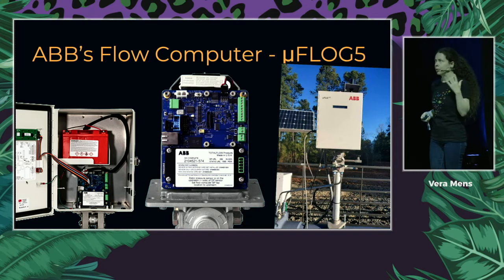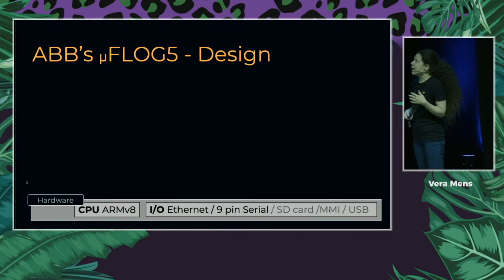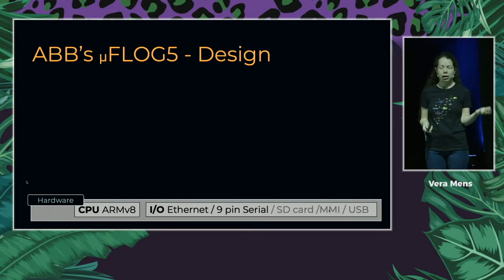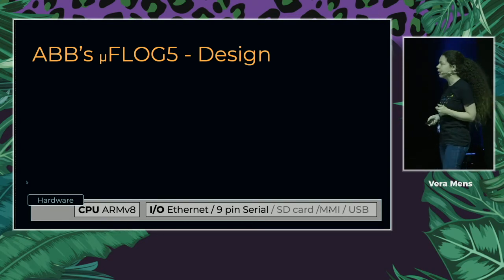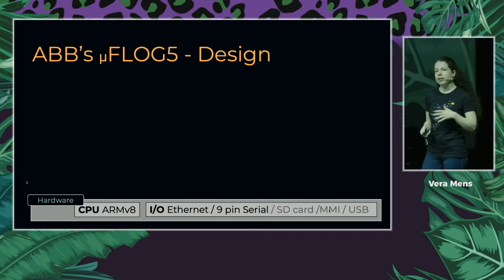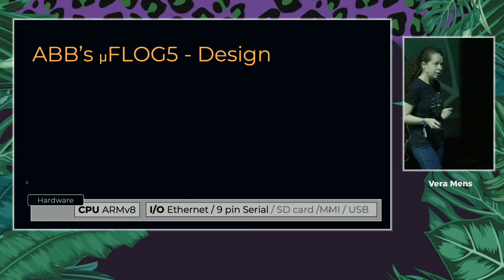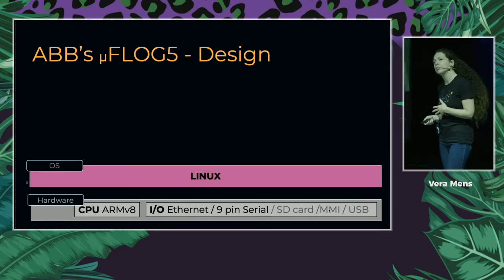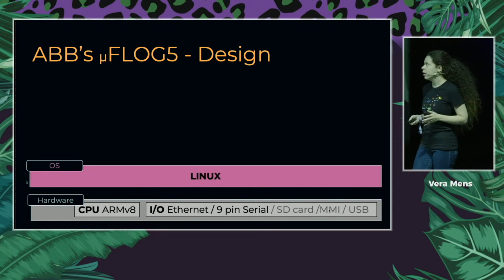That is what it's made of, right? Let's look at what is inside the computer. We have our ARM CPU, 32 bits, like any other similar device. We have Ethernet and serial ports as I/O ports. We have a Linux operating system on that computer, which is quite convenient for us.